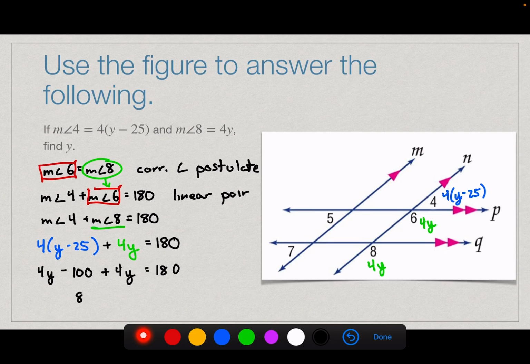We end up with 8y minus 100, which equals 180. 8y equals 280. Therefore, our y is equal to 35.